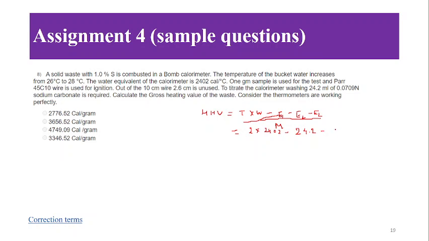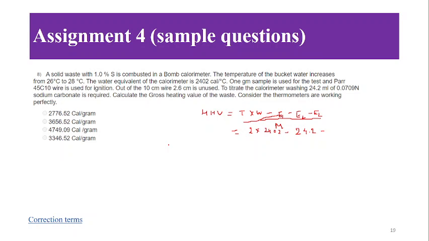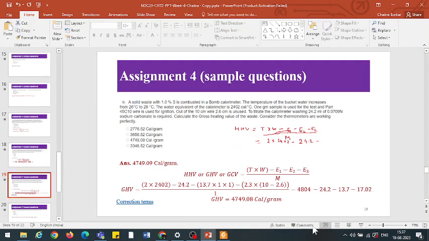Minus the correction, so here it is written 1% S is combusted in a bomb calorimeter. So the formula given here is just a minute.